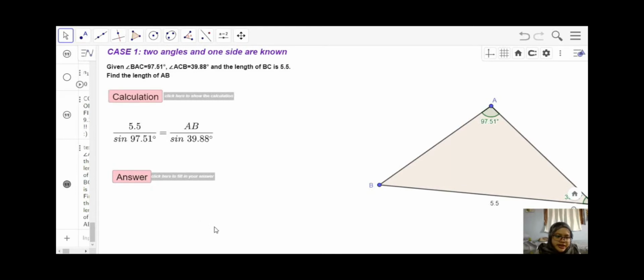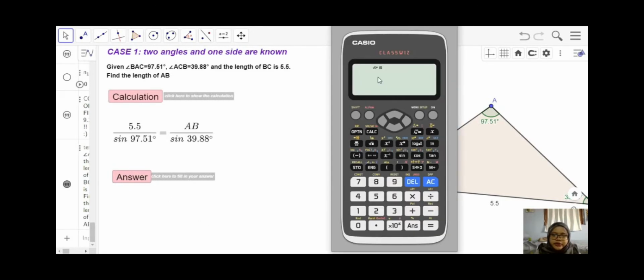So just calculate. When you want to calculate, use your calculator. 5.5 over sine 97.51, and then we multiply by sine 39.88. We get 3.557.